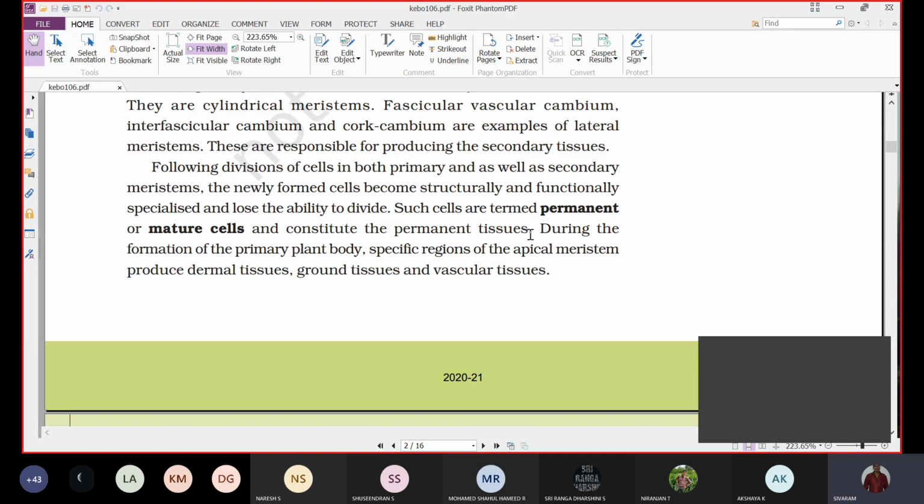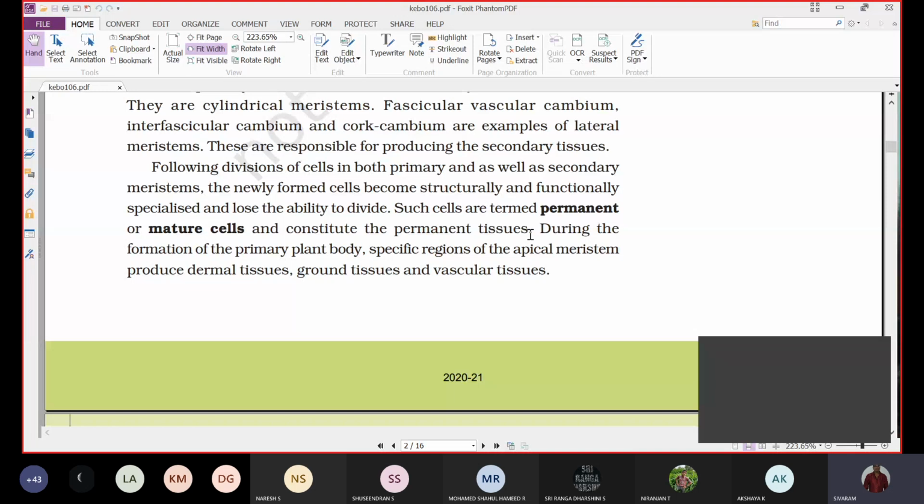Whether it is a primary or secondary meristem, both will produce new cells, but these newly formed cells lose their ability to divide and are transformed to perform specialized functions. Such cells we call permanent or mature cells, and they constitute the permanent tissue. All these cells together we call a permanent tissue because they have some common function.